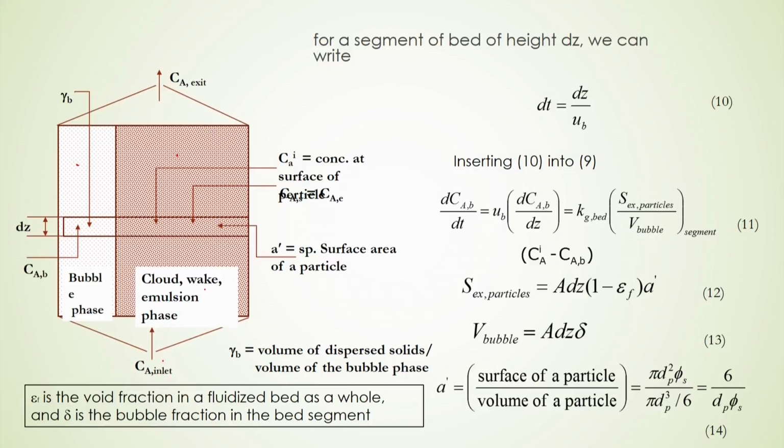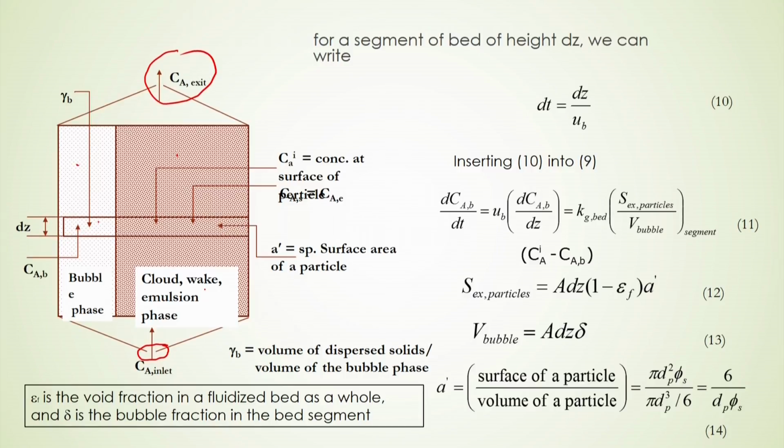Here CA inlet is from this region, and this is the CA outlet or exit, and this gamma B is nothing but the volume of dispersed solids per volume of bubble phase. Whether there is any small amount of particles in the bubble phase or not can be represented by gamma.